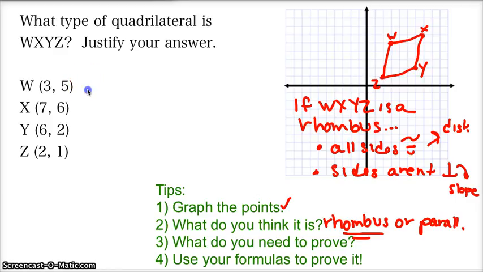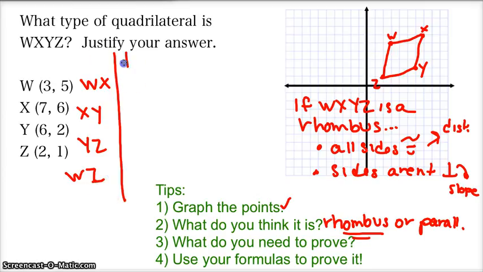I'm going to talk about WX. I'm going to talk about side length XY. I'm going to talk about side length YZ and side length WZ. And I'm going to find the distance of all of them, and I'm going to find the slope of all of them. So this can help organize my work.